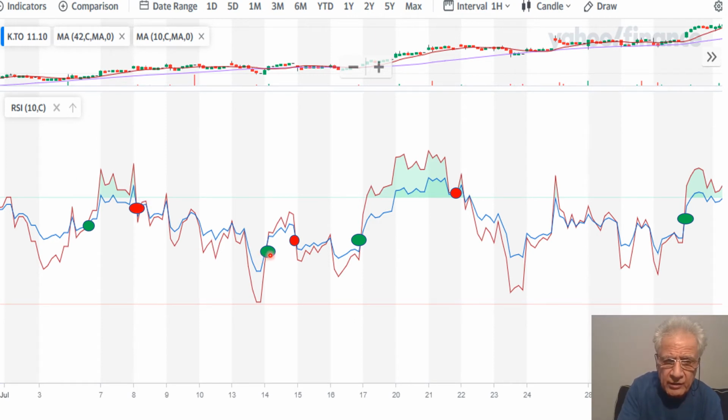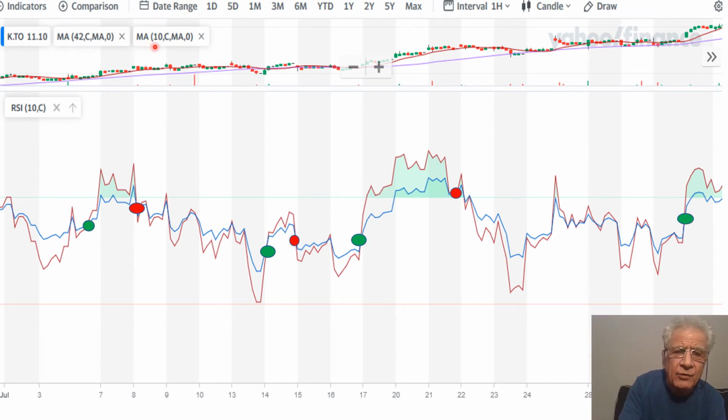So we can enter the market here, exit the market here. This is again RSI 10 crossing RSI 20 while going upward. We can enter the market. You can exit the market here, and also you can enter the market here.